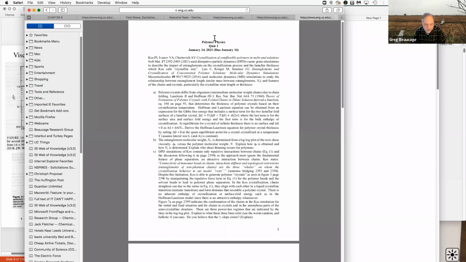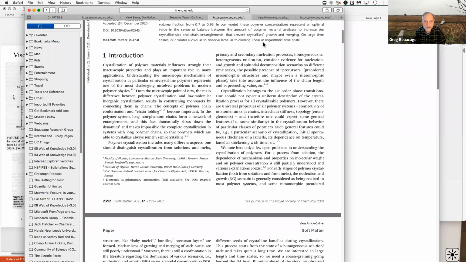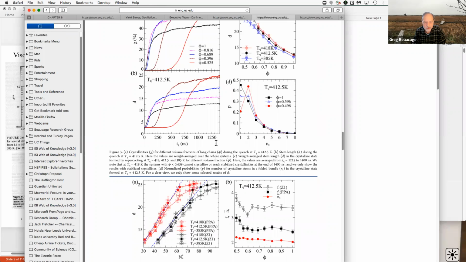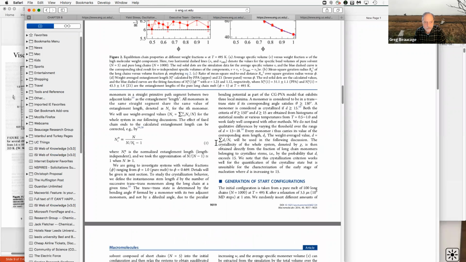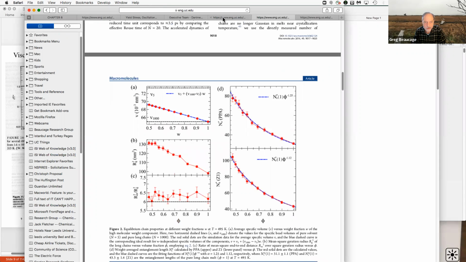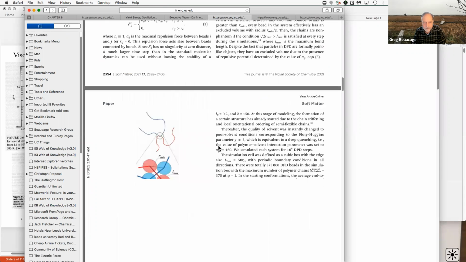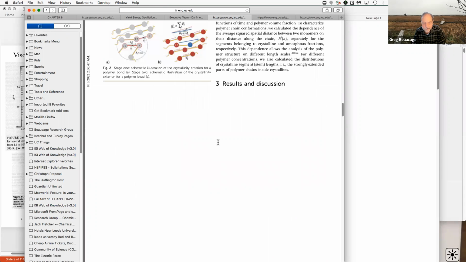Question C, figure 7A 2399. Oh, I guess it's this paper, right? I'm not cost, the other one. 2399. No, it is cost. 2399.